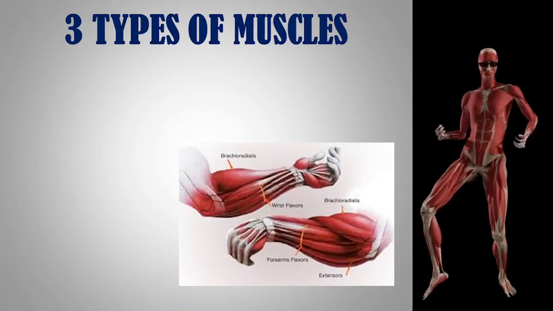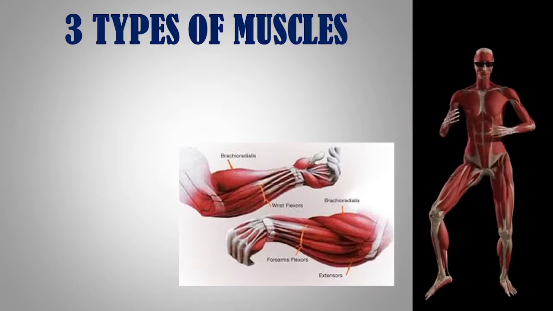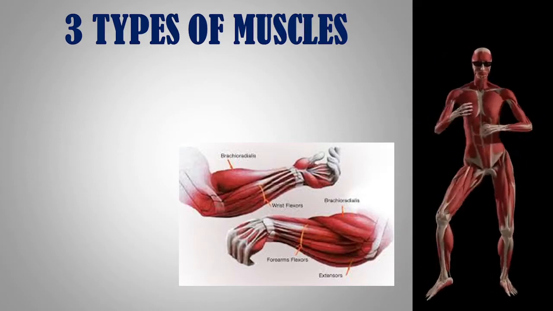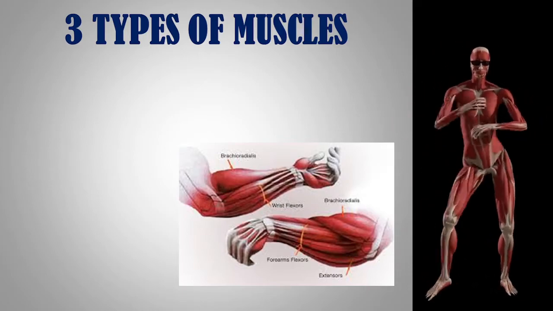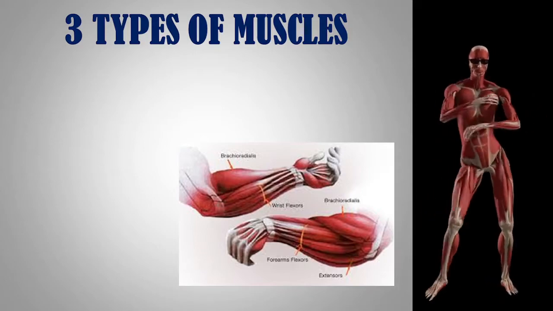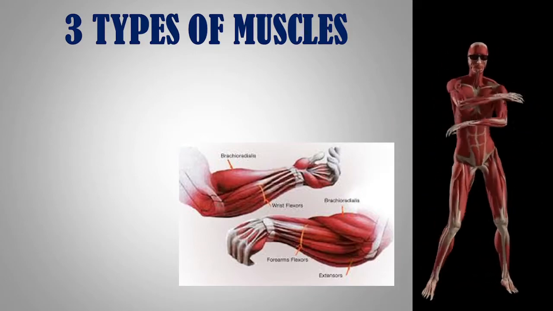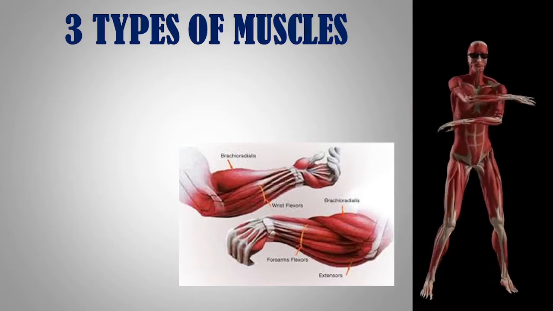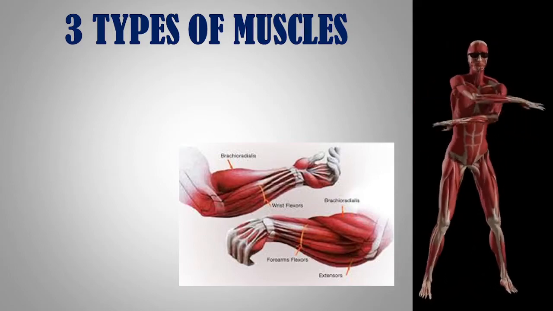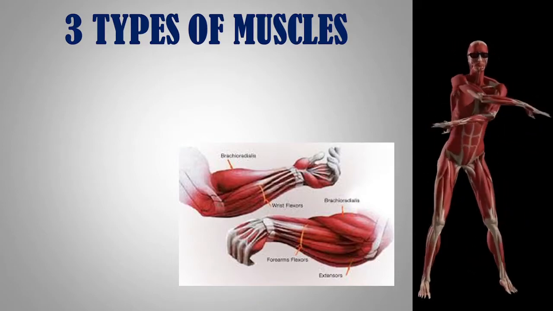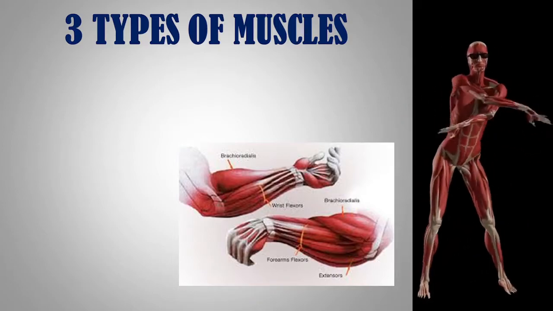Now, there are three types of muscles in our body. And these muscles can be classified as voluntary or involuntary. When we say voluntary muscles, these are the skeletal muscles, or the muscles that we can control, while the involuntary muscles are the muscles that we don't have direct control over.